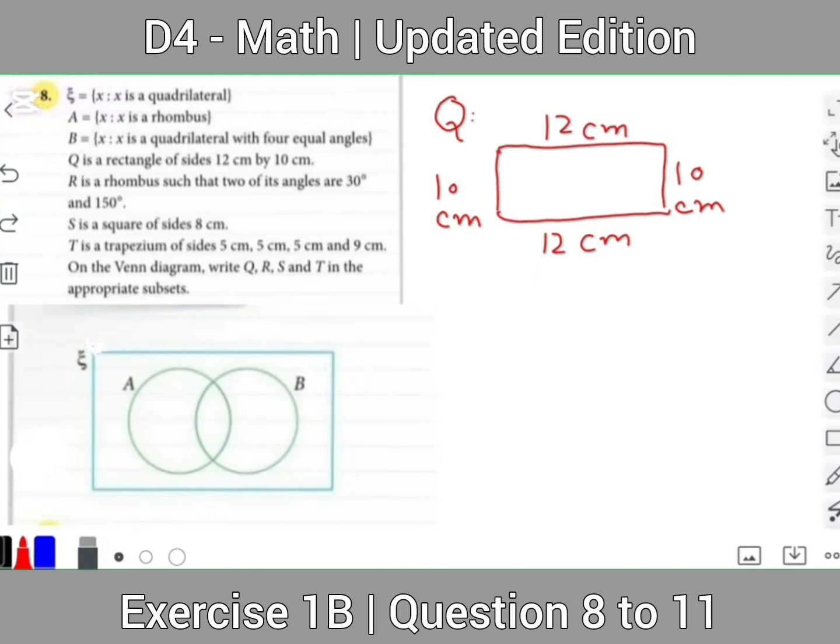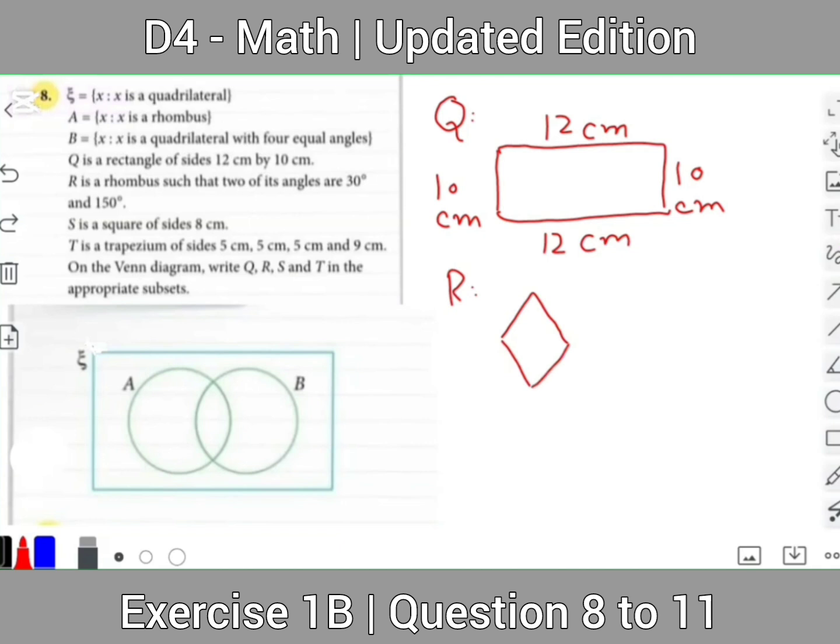Now let's see what a rhombus is. Since we have seen the rhombus is a four-sided figure, all sides are equal and opposite sides are parallel to each other. So first we will draw the rhombus. A rhombus looks just like this.